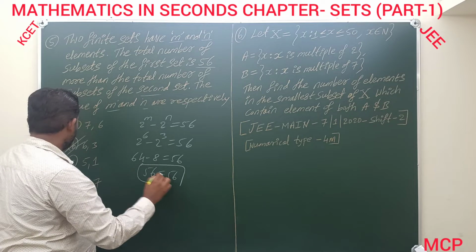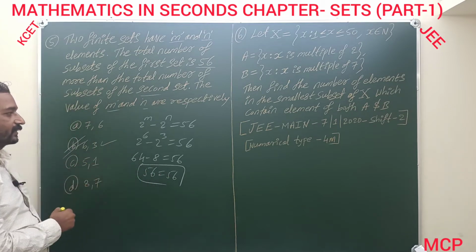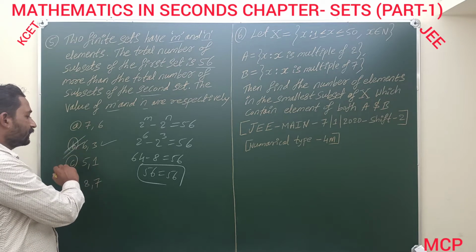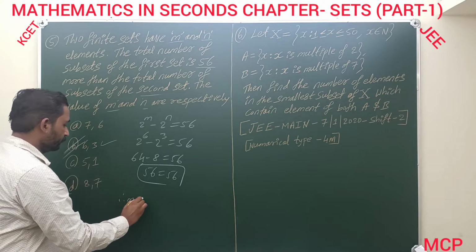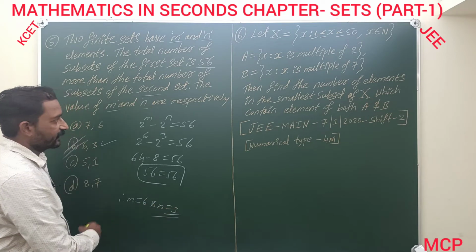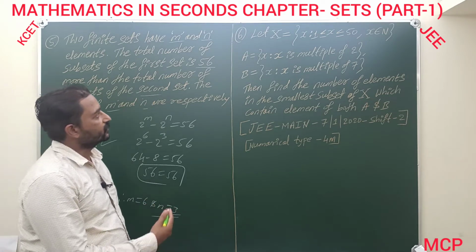No other option satisfies this equation, so only option B satisfies. Hence option B is correct. Therefore m is equal to 6 and n is equal to 3. So easily identified. Now let us move on to the next question.